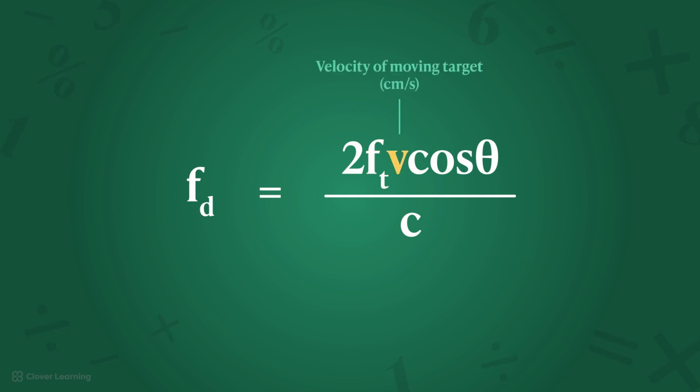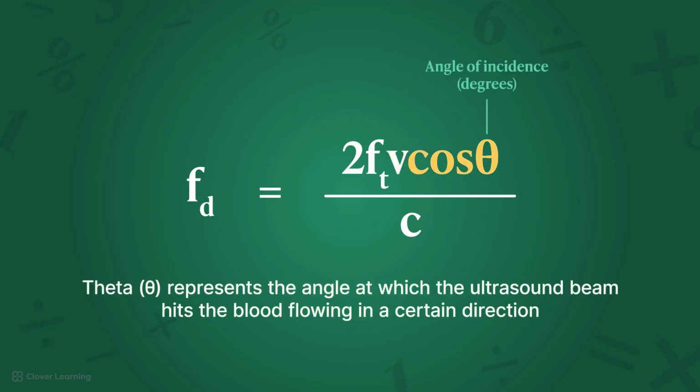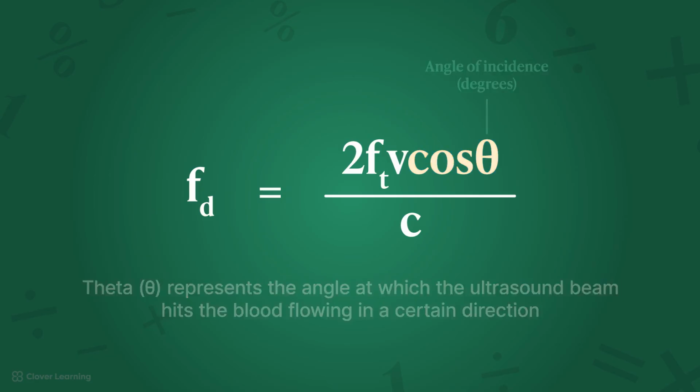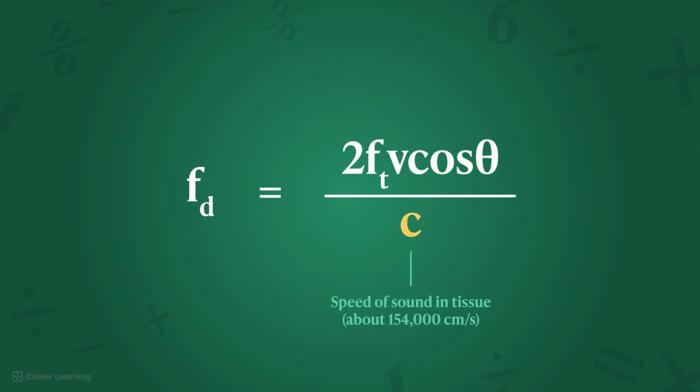V is the velocity of the moving target, in this case red blood cells, measured in centimeters per second. Cosine theta, where theta is the angle of incidence between the ultrasound beam and flow direction, measured in degrees. In other words, theta represents the angle at which the ultrasound beam hits the blood flowing in a certain direction. C is the speed of sound in tissue, usually estimated to be about 154,000 centimeters per second.